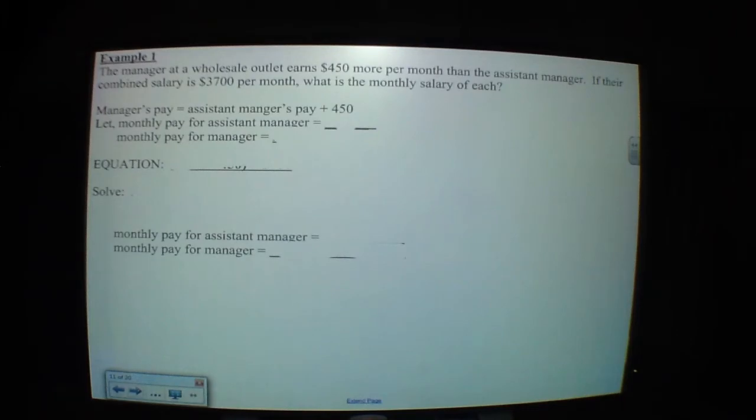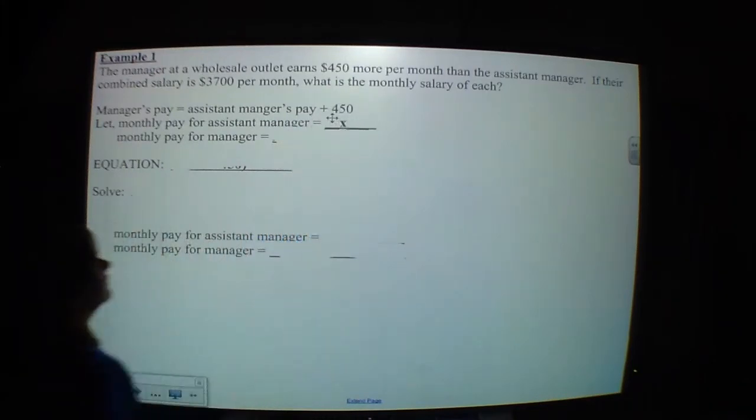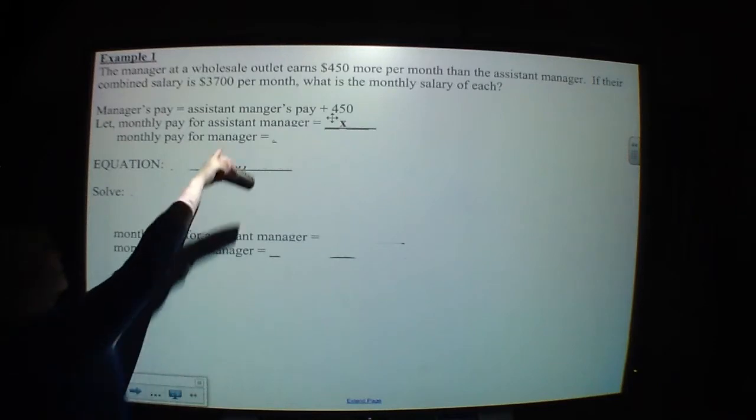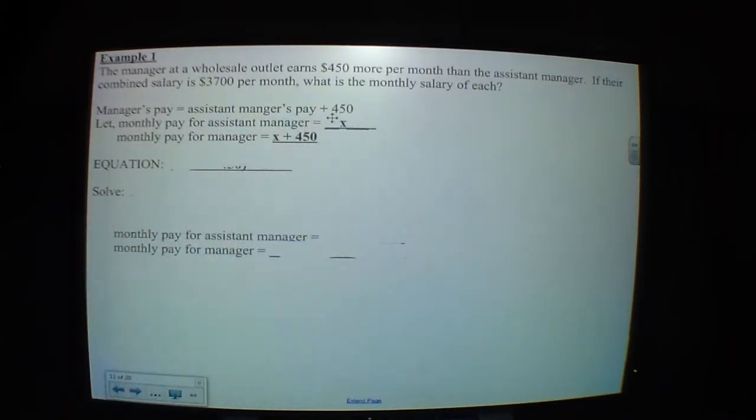Okay? So read the words and see what you can do. So we're going to say, let the monthly pay for the assistant manager, we're just going to call it the variable X. If that is X, then the manager's pay would be X plus 450.